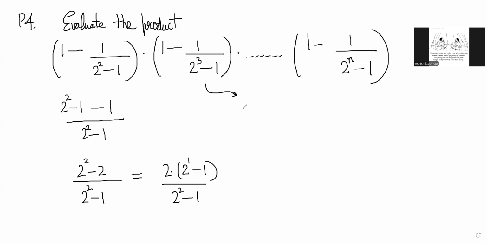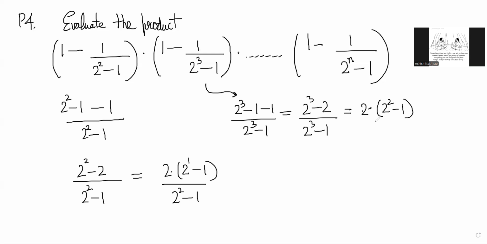Similarly, this term will become 2 cube minus 1 minus 1 by 2 cube minus 1, which is equal to 2 cube minus 2 by 2 cube minus 1, which is 2 times 2 square minus 1 by 2 cube minus 1.